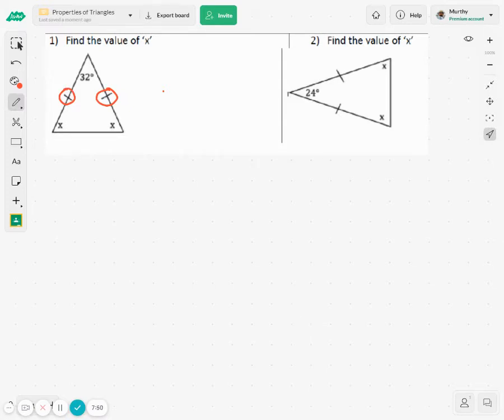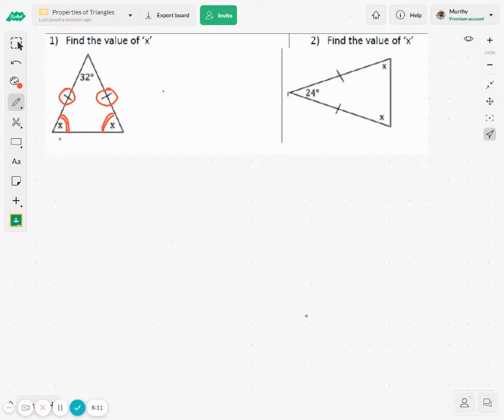These two symbols are saying that these two sides are equal. So we know that opposite to these sides, these angles are equal, because we know that base angles are equal. And also it's marked that these two angles are equal.